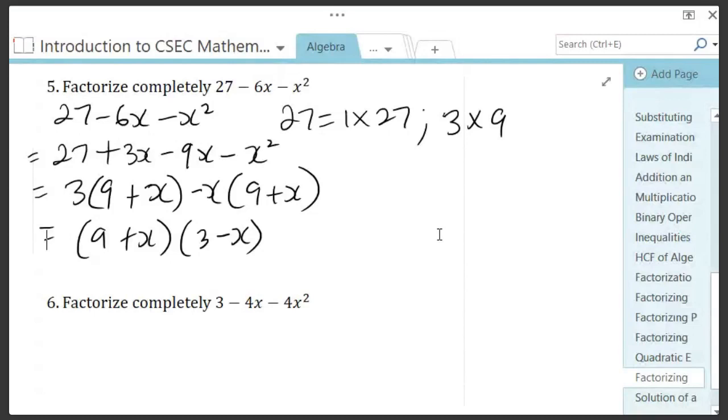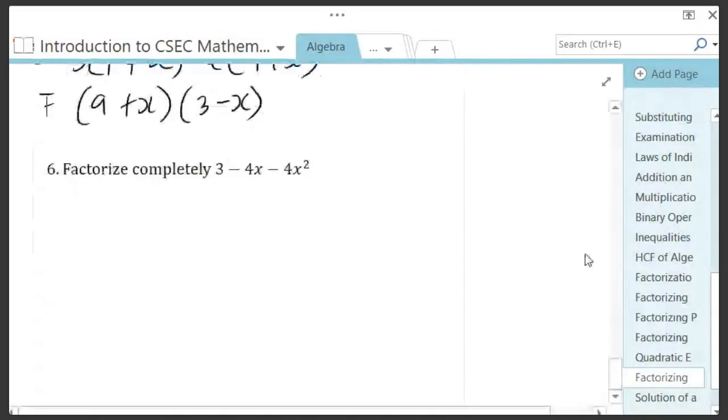Okay, I'm going to start the work here. So we have here 3 multiplied by minus 4, which is minus 12.